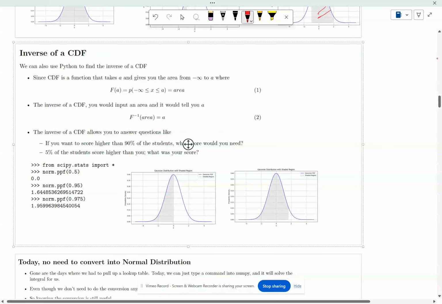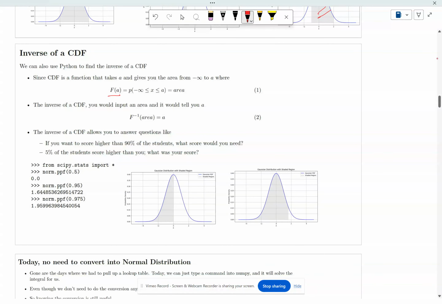So, like I told you previously, the CDF tells you all the area from negative infinity all the way up to x. The CDF inverse tells you the area and conversely gives you x. So it does the opposite. And the command to do the CDF inverse is PPF.